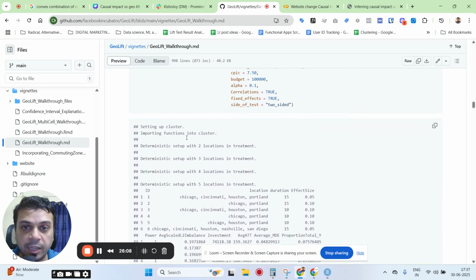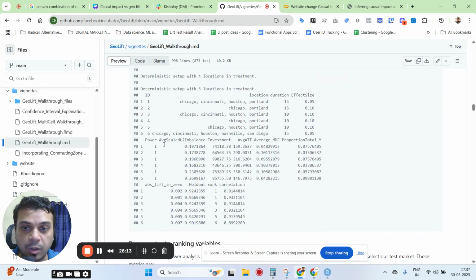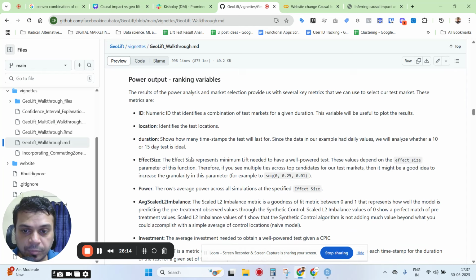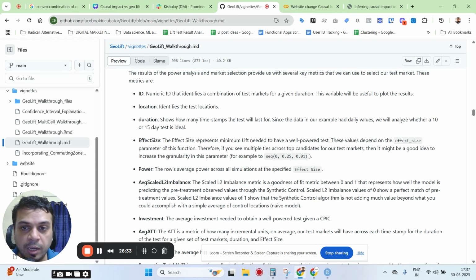After running that geomarket selection, you have these outputs here. You have the effect size, which represents MDE, basically the minimum lift needed. You can see that this has been kept as a sequence ranging from 0 to 0.25, in steps of 0.01.